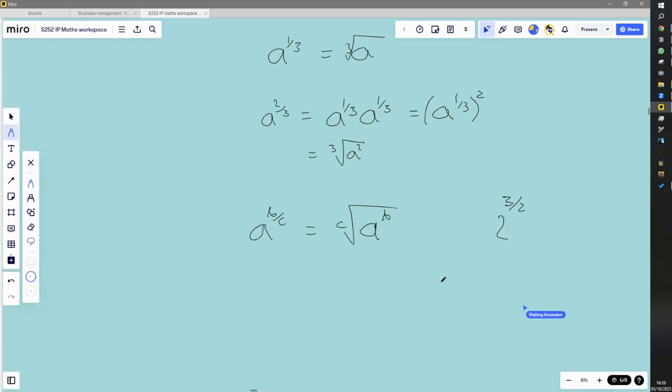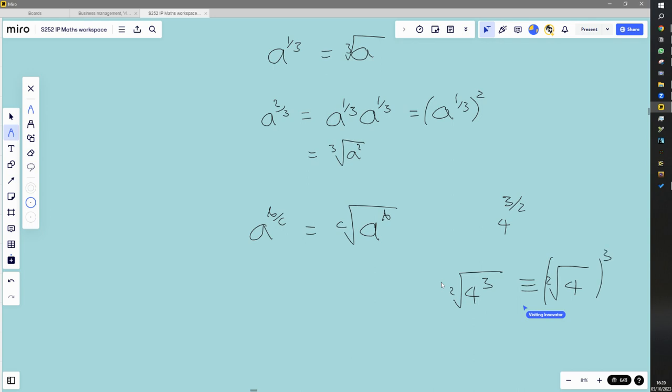That would mean 2 cubed, square rooted. Let's change it because I want it to be a whole number: 4. So it could be 4 cubed, square rooted, but that's identical to saying the square root of 4, cubed.